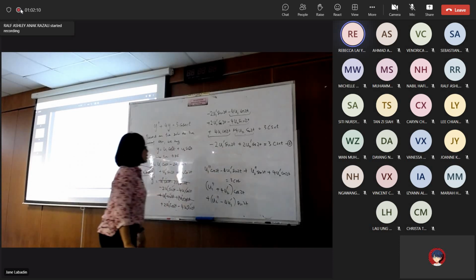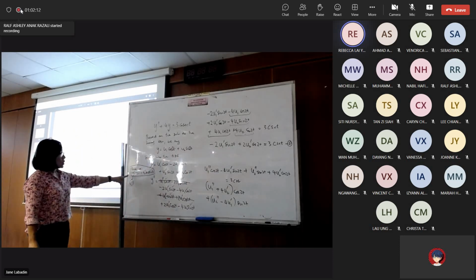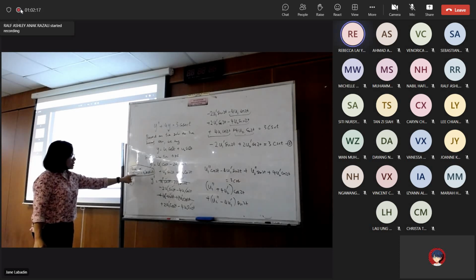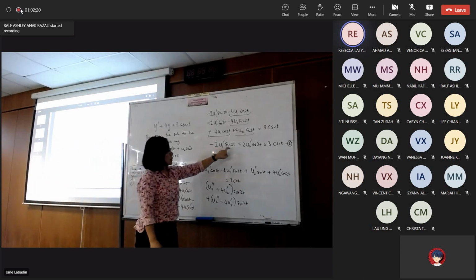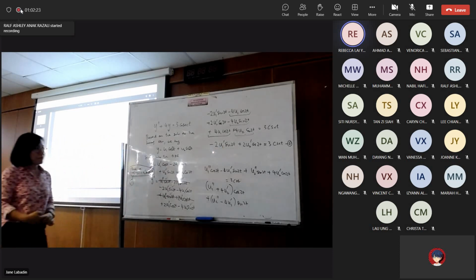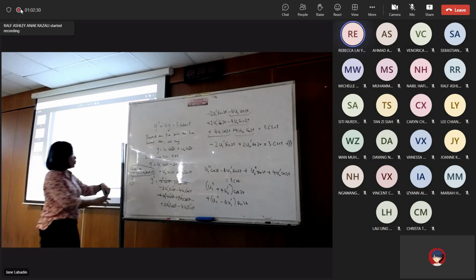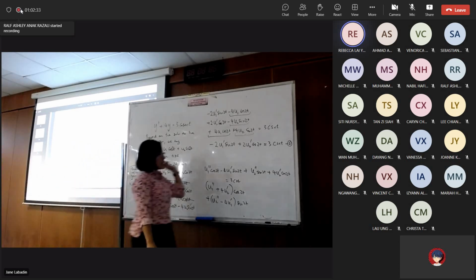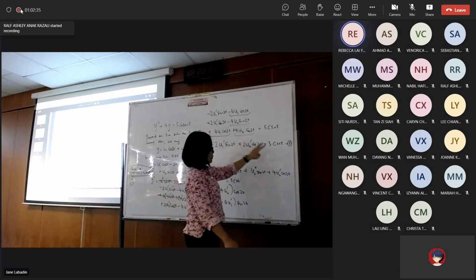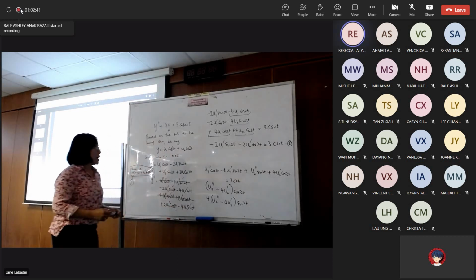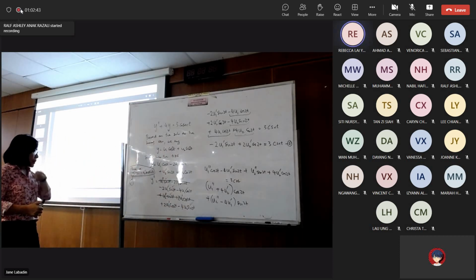This one is u1 prime multiplied by cos, this one is u1 prime multiplied by sine. You see that? So we have two equations, the requirement we set, and the one that we end up with, second equation. Then we can solve for u1 prime and u2 prime. It's a simultaneous equation.